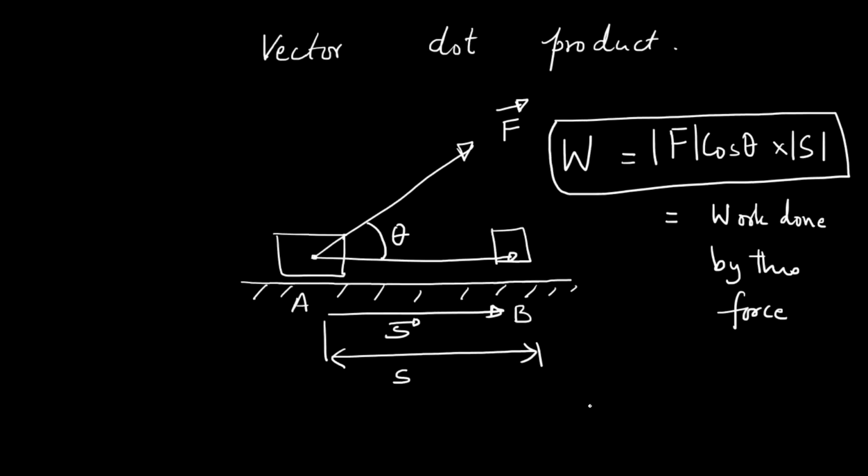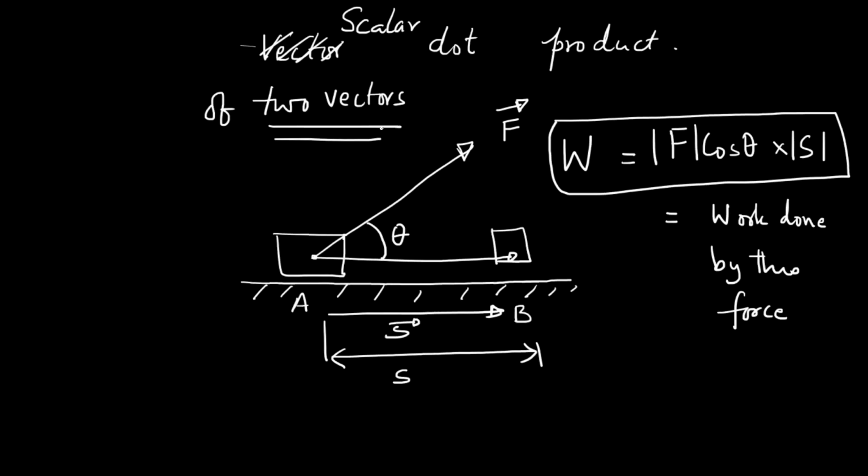So this is what we define as the scalar dot product of two vectors. Two vectors combined together to give a scalar quantity.